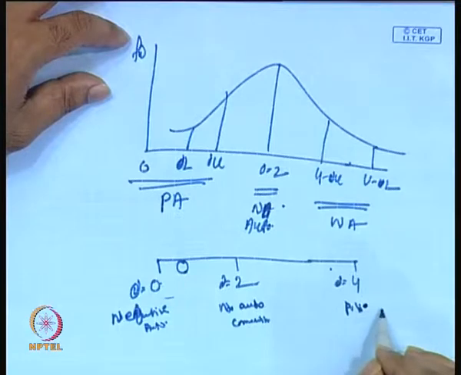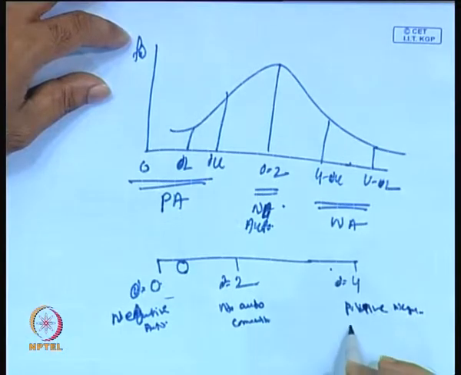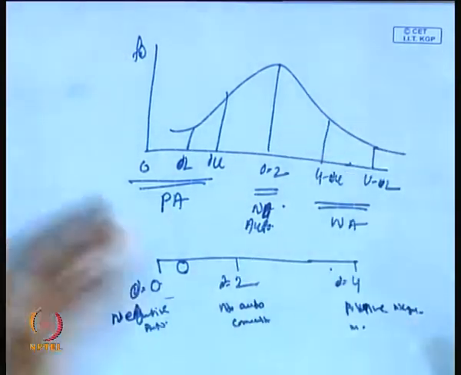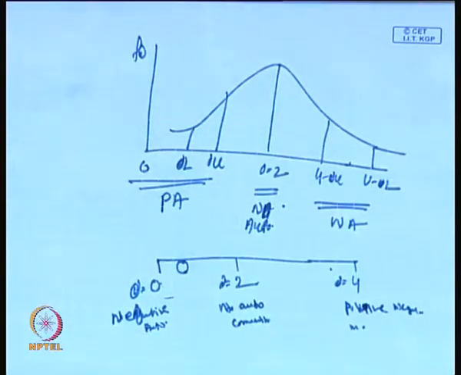When d equal to 4, it is negative autocorrelation. So it is just in the opposite direction. All right, this is in the opposite direction.